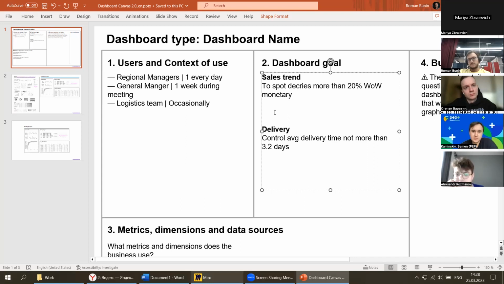I just forgot the precise numbers. Maybe to detect regional peculiarities of the demand for any product in any region.